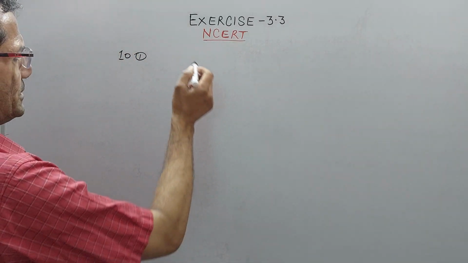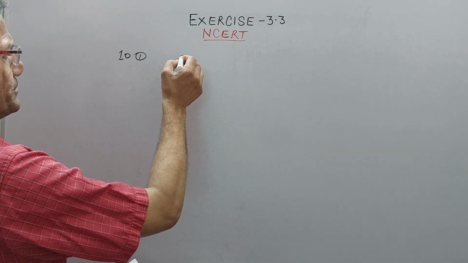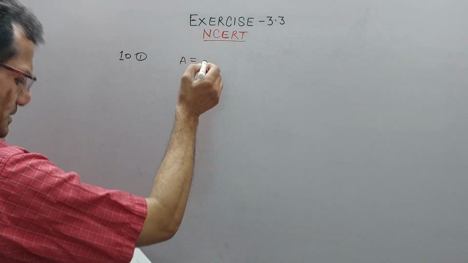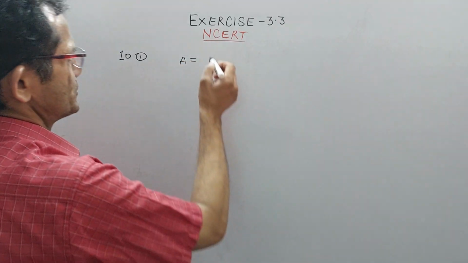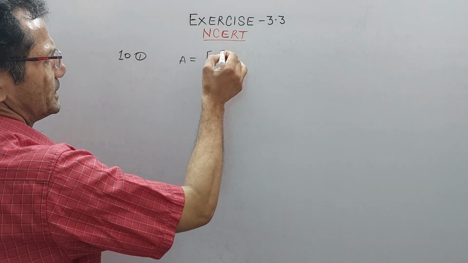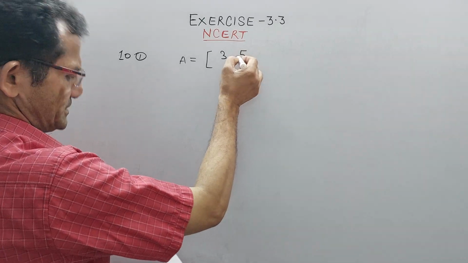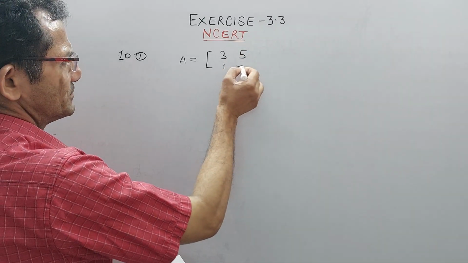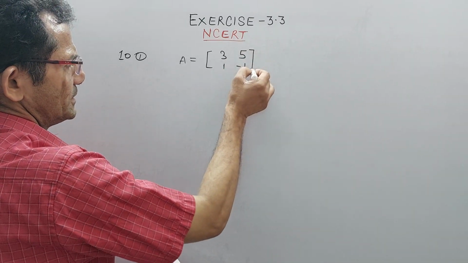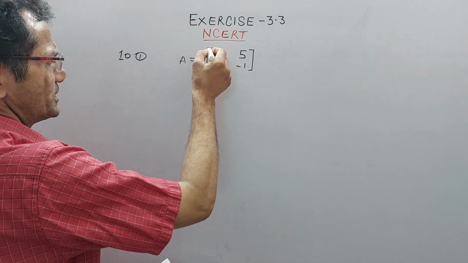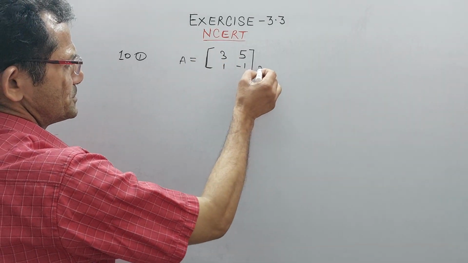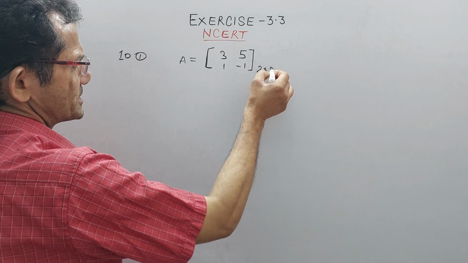This is a square matrix of order 2: first row elements 3, 5, second row elements 1, minus 1. So this is a 2 cross 2 matrix.